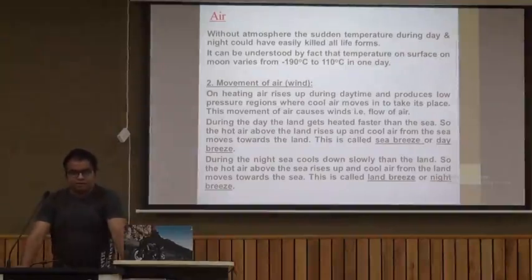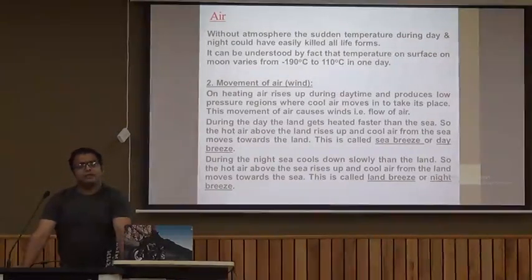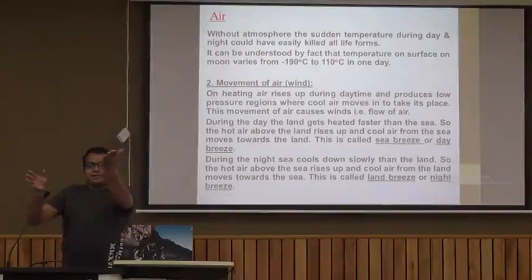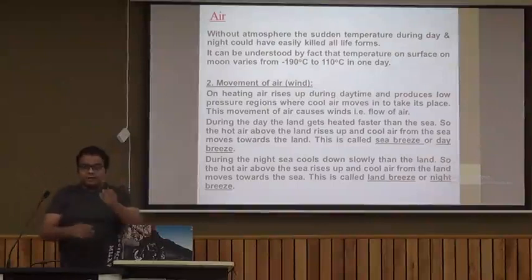Now, what is sea breeze? During the day, the land gets heated faster than the sea. This way, the temperature of land is more and the air above the land surface moves upwards. The air from the sea moves towards land, and as it comes from the sea, we call it sea breeze or day breeze.